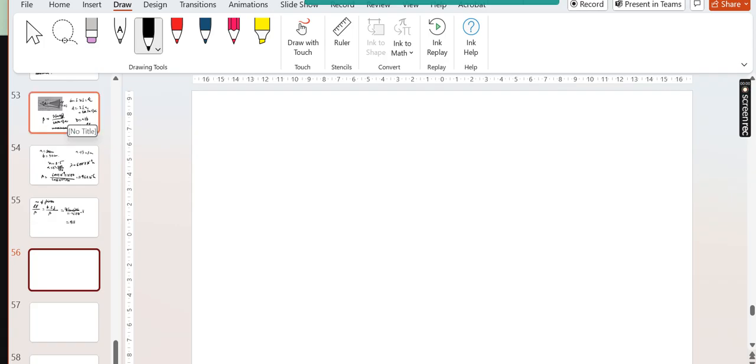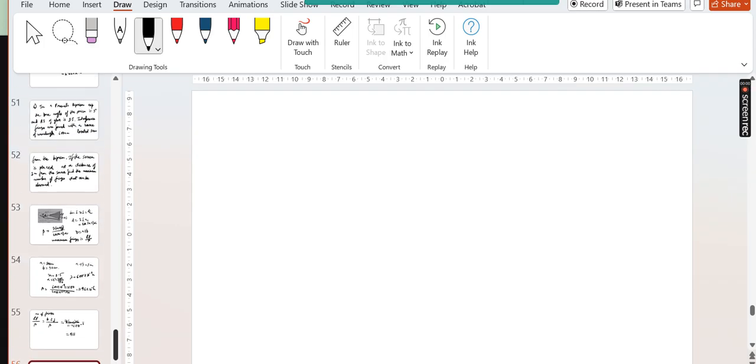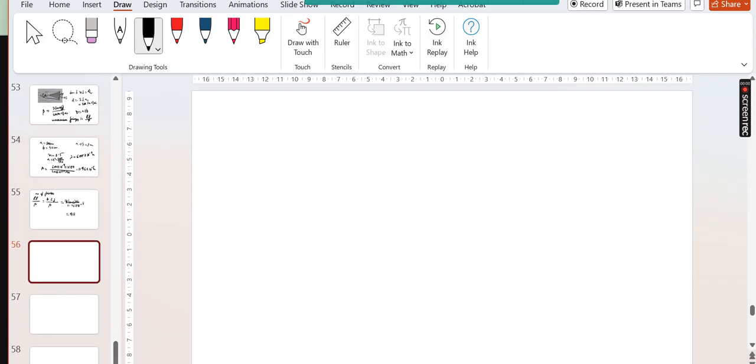A similar question in the Lloyd's mirror.